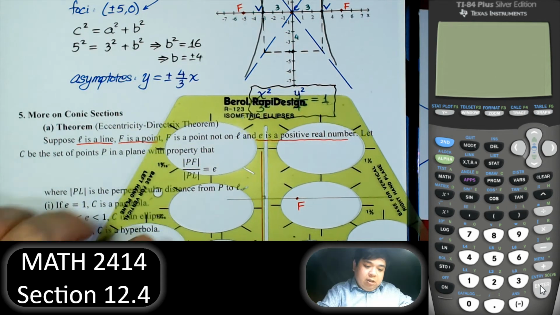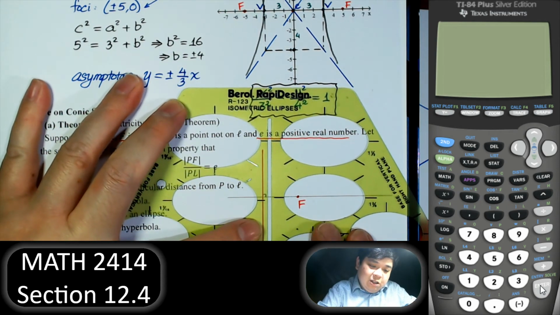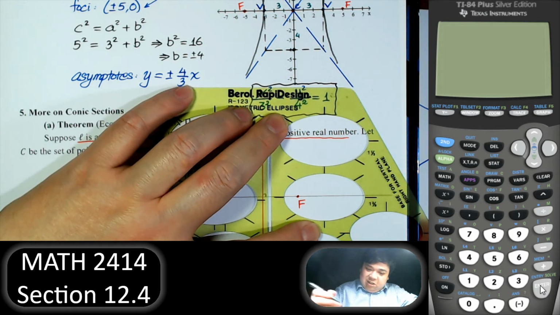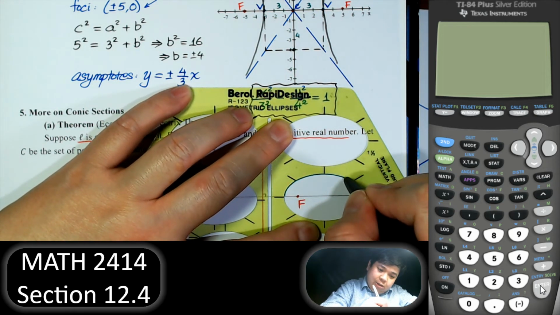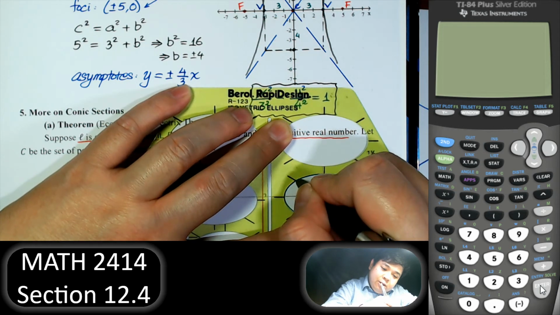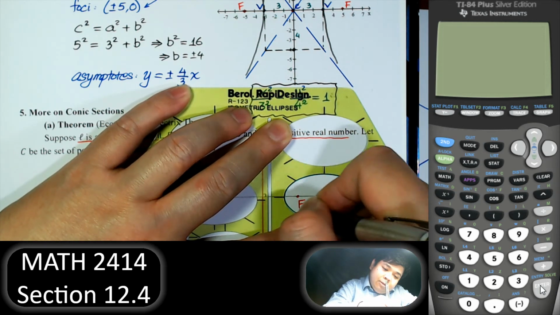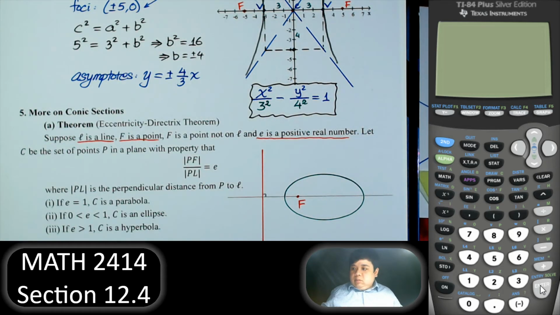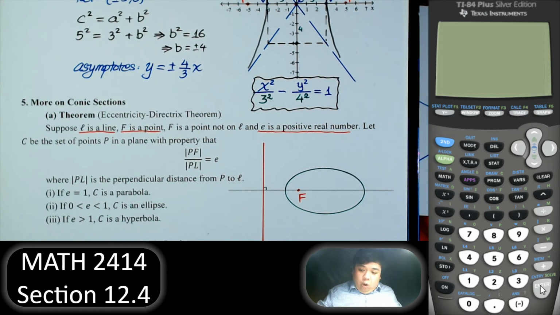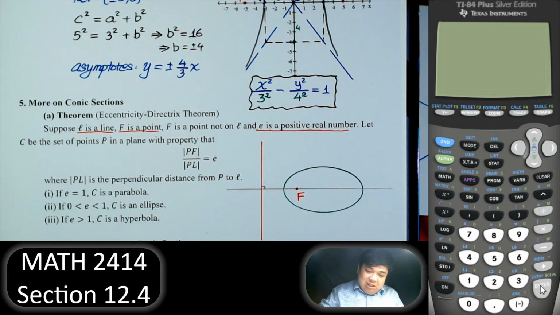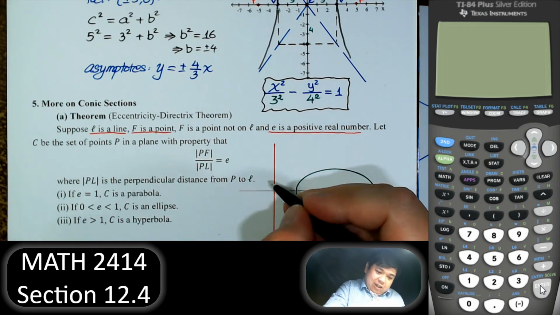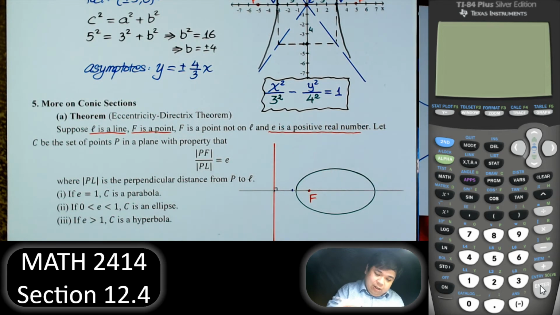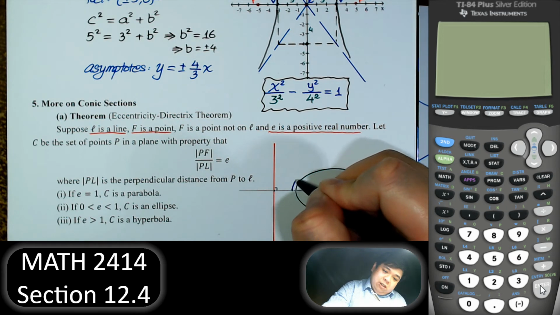We might have an ellipse here. Or if we cut this right in the middle, cut this in half, we might have the parabola.